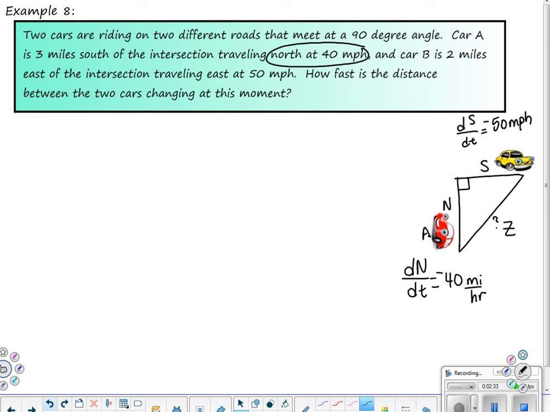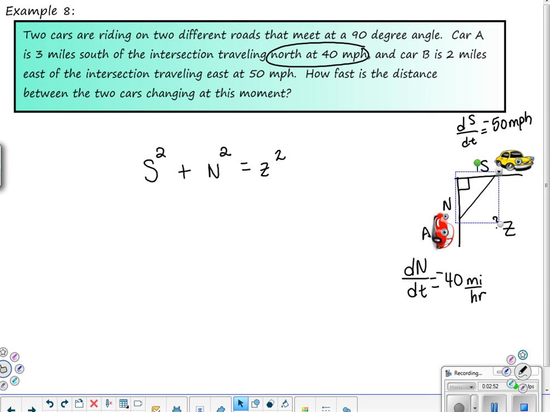Now, how do I write an equation about this? Well, I could have S squared plus N squared equals Z squared, because it is a right triangle. All three things are changing as this triangle changes, right? So we need variables in those spots.